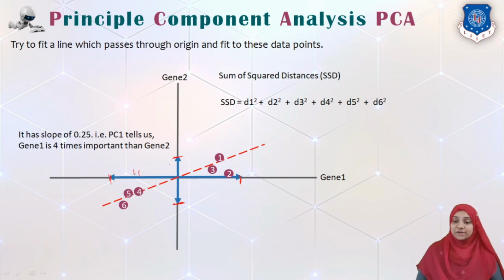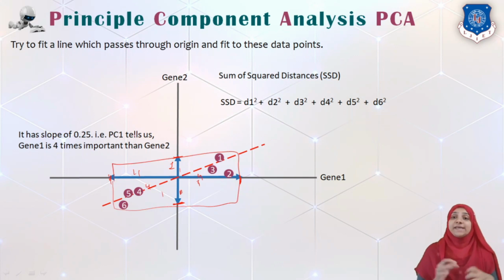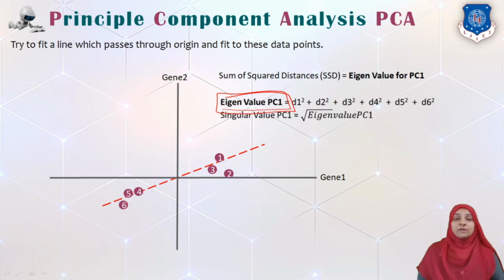So this ratio is 4:1. As you can see, the data is not evenly distributed. We want data which is spread across our x-axis and y-axis uniformly. And that spread can be achieved using principal component analysis. So what is an eigenvalue of PC1?